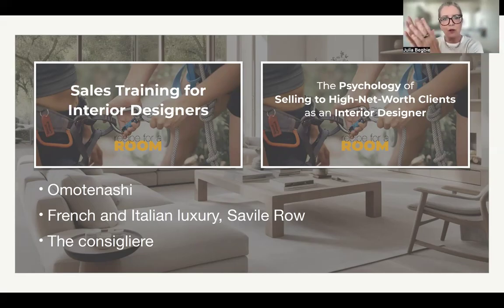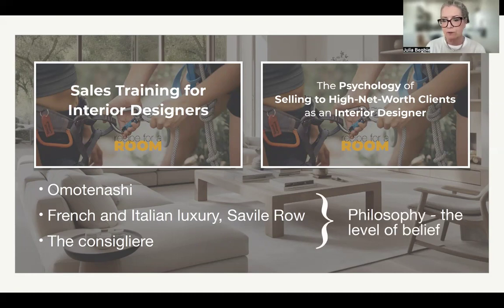But when you move up to a higher level of design practice, you find yourself on the same side as the client. So I spoke about the designer being the consigliere, the client's trusted advisor. That was last year's material.